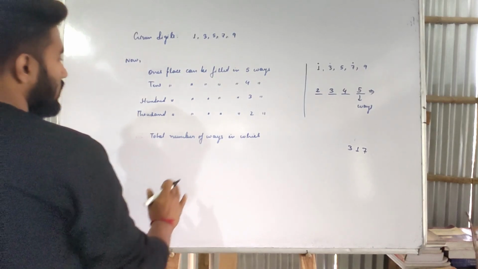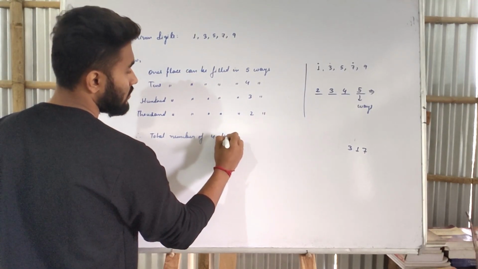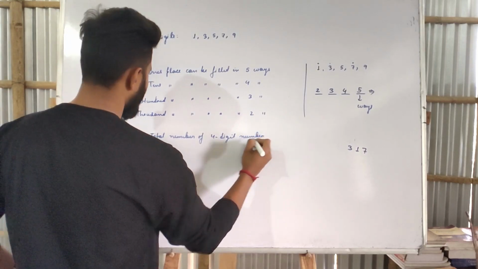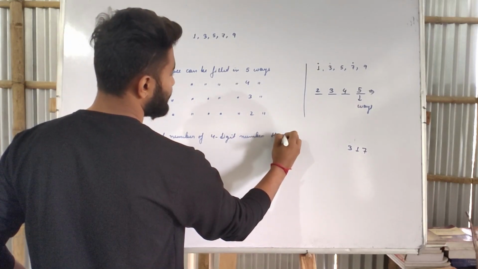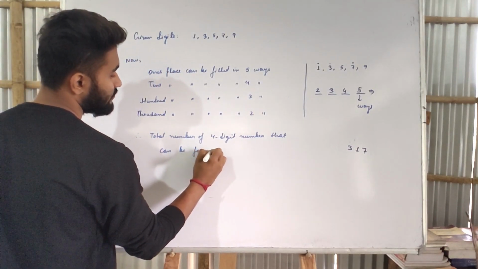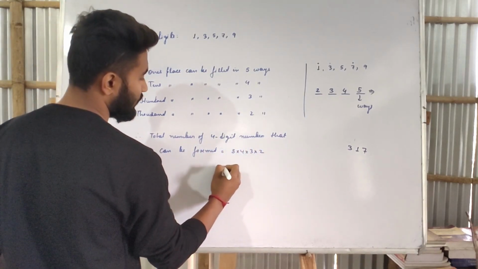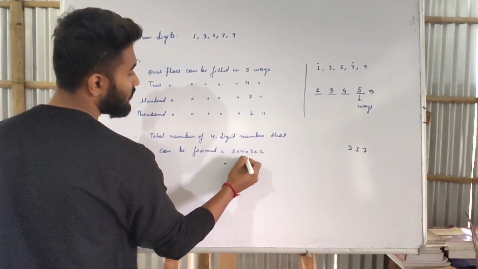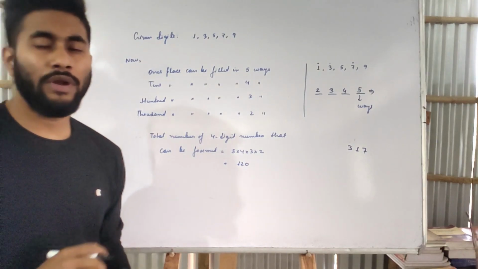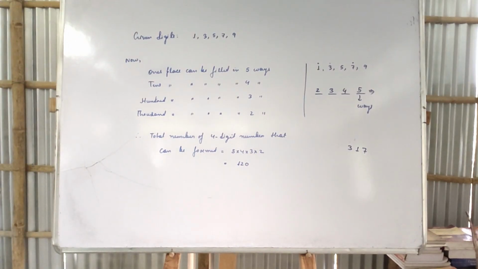Total number of 4-digit numbers that can be formed will be equal to 5 into 4 into 3 into 2. So 5 2s is 10, 4 3s is 12. So how many numbers can we form? 120 such numbers we can form. This was a very simple question. So let us move to the next question.